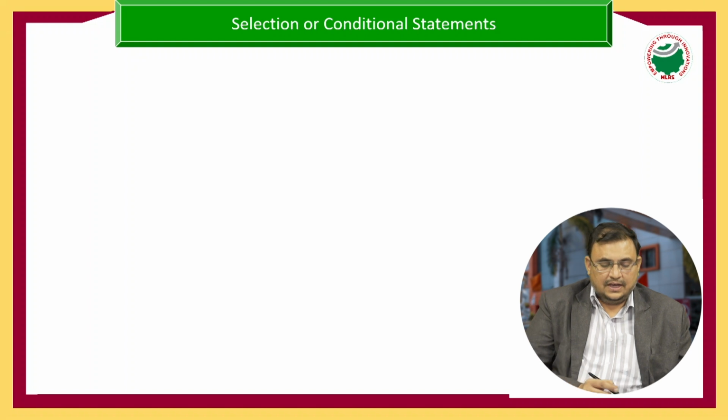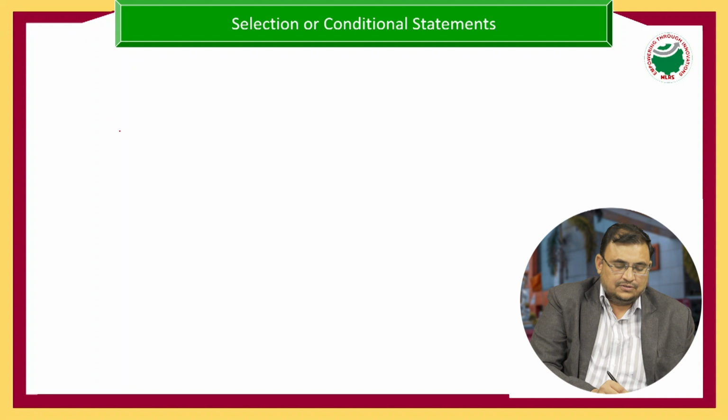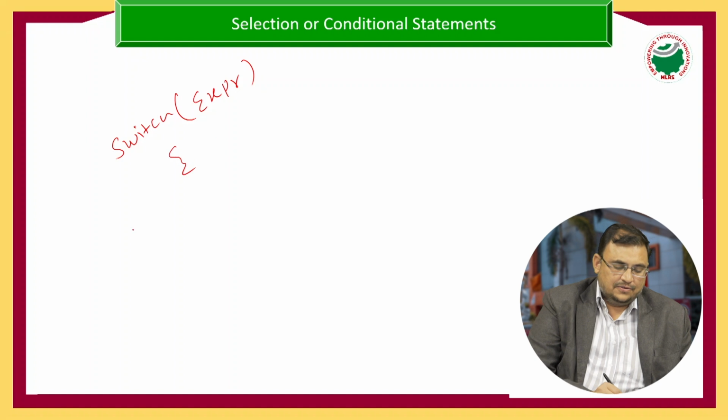So here, if you go for switch, you can write switch of expression, the test expression. If the expression is a character, you can write cases such as case plus, taking plus as a character.